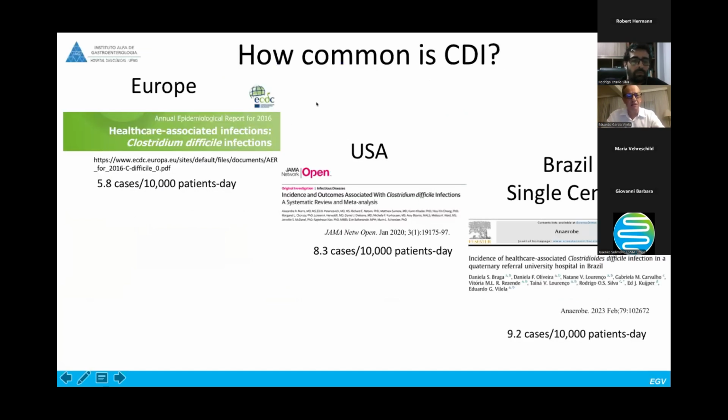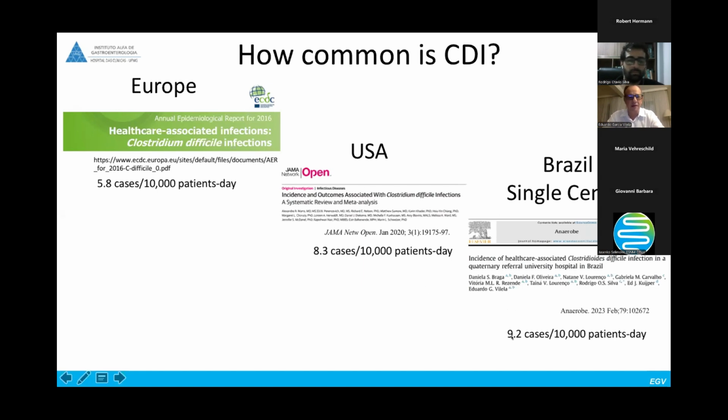How common is Clostridium difficile infection here in our center? We are a quaternary hospital here in Brazil, and recently we studied the incidence density of this infection, and we can see 9.2 cases per 10,000 patient-days.